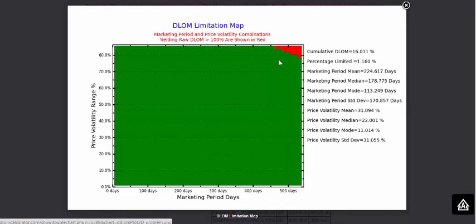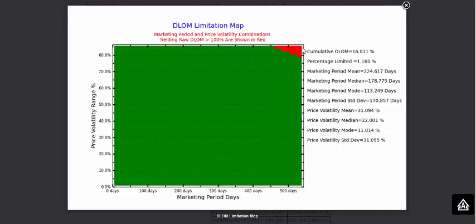The third graph is an interesting one. It shows a bit of red in the right-hand corner. This graph is a two-dimensional matrix of each combination of price volatility and marketing period probability. The area in green indicates that raw DLOM, which is the value that would result by application of the Longstaff method for the specific combination of price volatility and marketing period probability, is not greater than 100%.